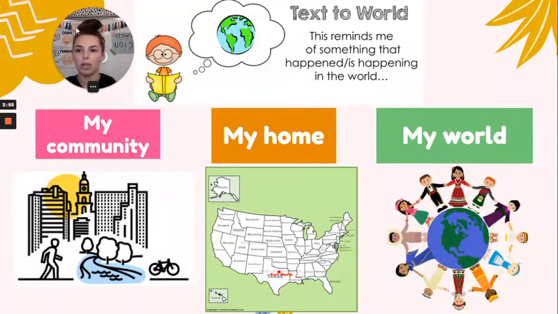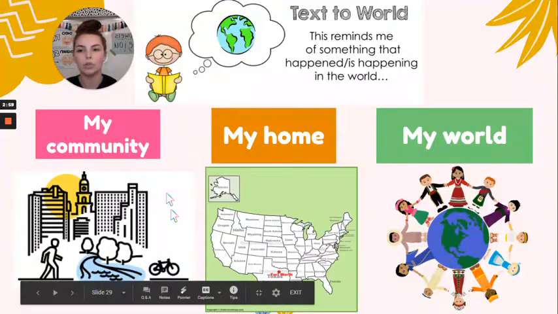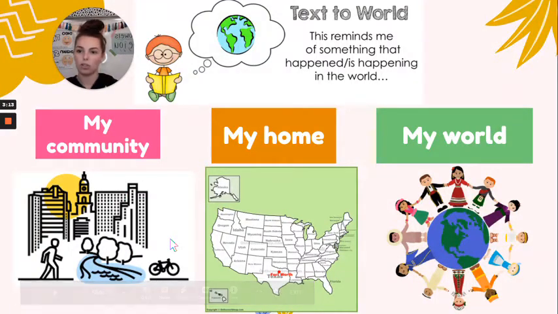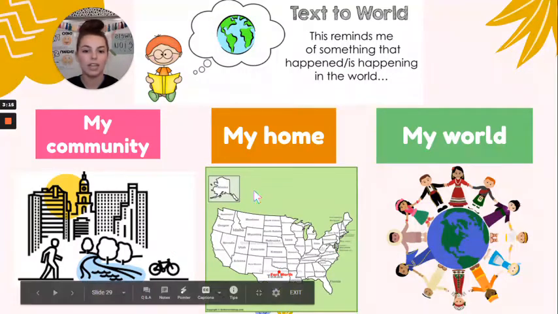And to help you understand what that means, well, the world includes our community. So there are people in our community, there's nature, there's transportation, there's a picture of downtown, houses, stores, things that are right around you, that's your community. Things that are a little bit farther, but it's still your home, would be your state. We live in the state of Texas.